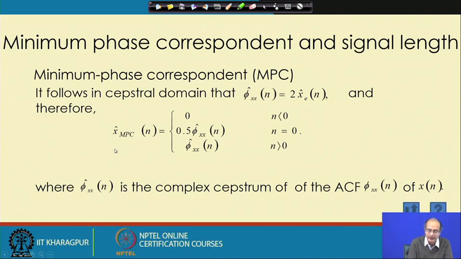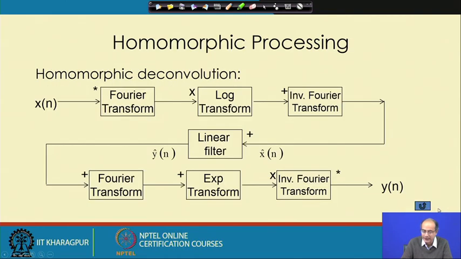But we need to keep in mind that it is in the complex spectrum of the signal. So we should look back at how to get from the complex spectrum to the time domain signal. For that we need to remember the homomorphic deconvolution steps.